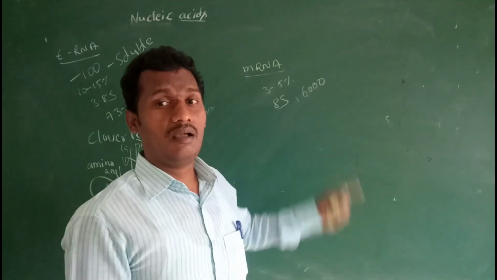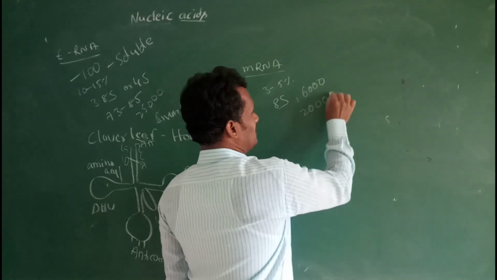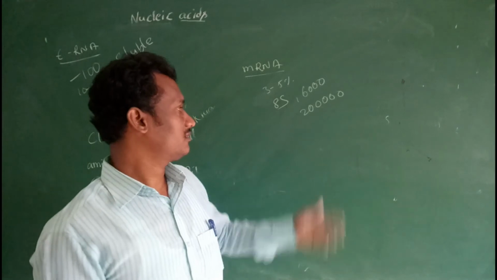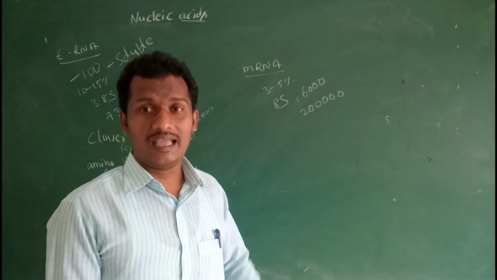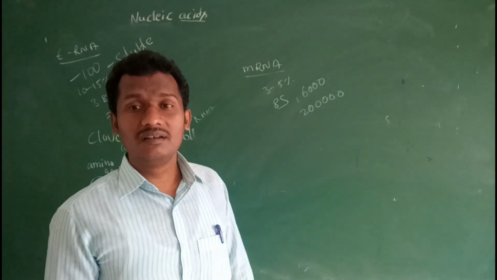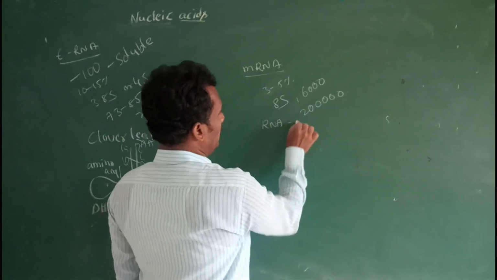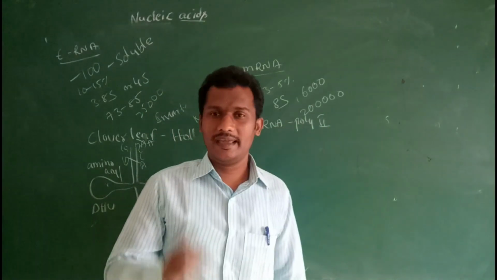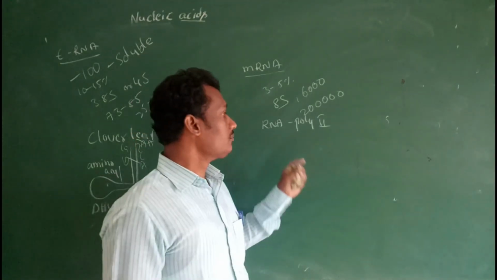The molecular weight is approximately 20 lakh daltons. mRNA is formed by RNA polymerase 2 in eukaryotes. In prokaryotes only one RNA polymerase is present.